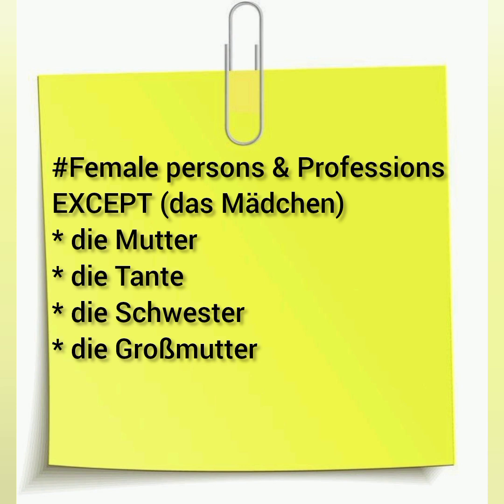All these female professions and female persons are normally die, except nouns that end in chen, C-H-E-N. The exception here is das Mädchen. Mädchen normally means a girl, but it is considered das because of the ending C-H-E-N.